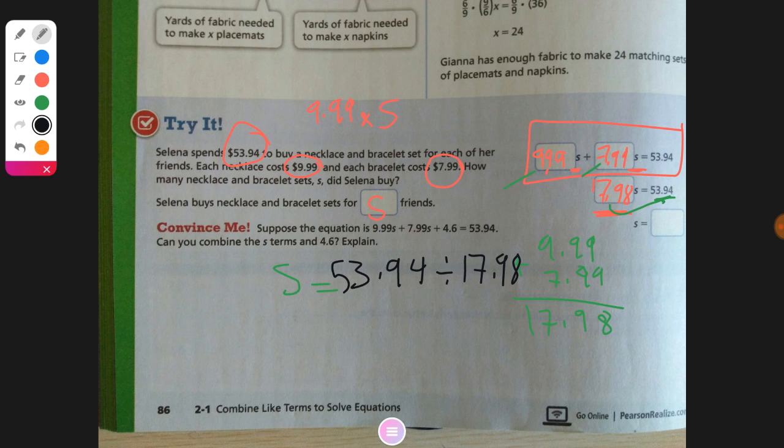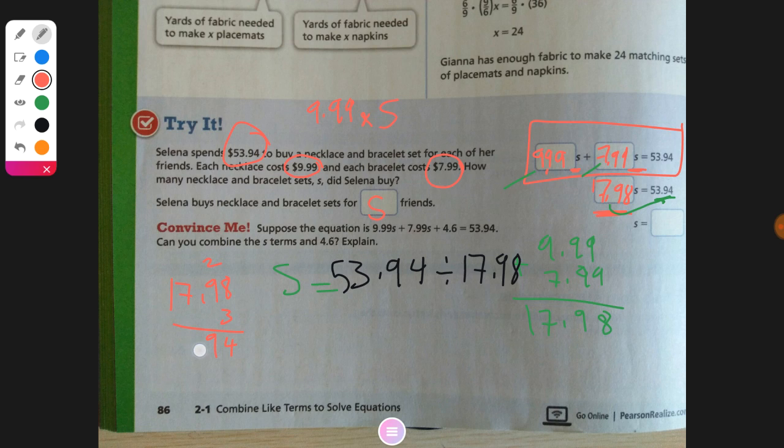So what should we do? Actually, I can estimate. How many of her friends can she pay for with 53, if each one costs her 17? So 17 times 2 or times 3, let's try times 3. I think 3 times 17 is very near to 53. Let's try it. 17.98 multiplied by 3. 3 times 8 is 24, write 4 and carry 2. 3 times 9 is 27 plus 2 is 29.